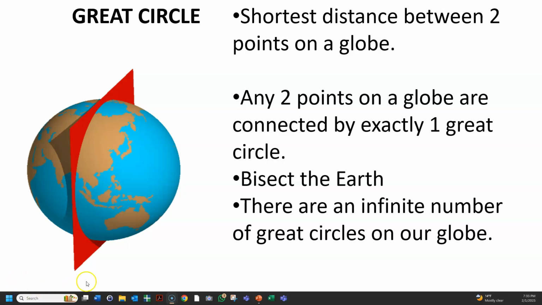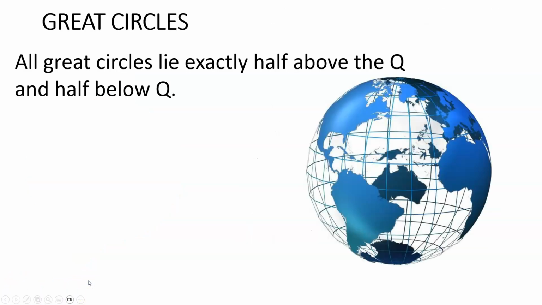Okay, so now great circles. All great circles lie exactly half above the equator and half below the equator. So this green line is supposed to represent the equator going around the Earth. And you can see that any one of these great circles that are meridians here, here's half of it above and here's half of it below.